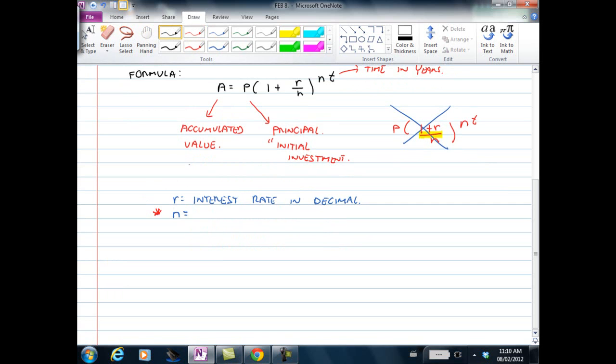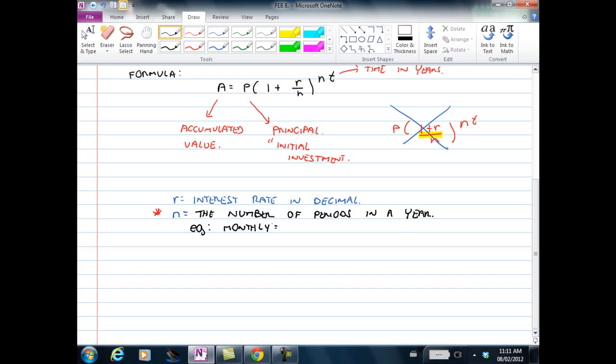N stands for the number of periods in a year. That's what N is. I'm going to give you an example. You're going to see a lot of these words on your exam. Monthly. If you see the word monthly in there, it talks about how many months make up a year.